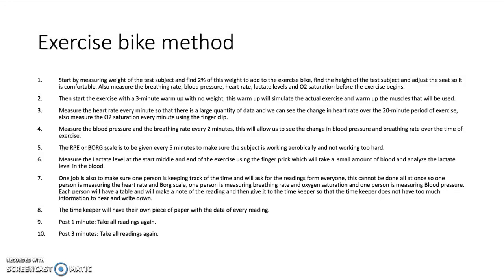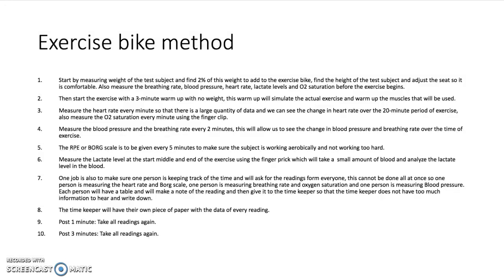One job is also to make sure one person is keeping track of time and they will ask for readings from everyone. This cannot be done all at once, so one person is measuring heart rate and Borg scale, one person is measuring breathing rate and oxygen saturation, and one person is measuring blood pressure.